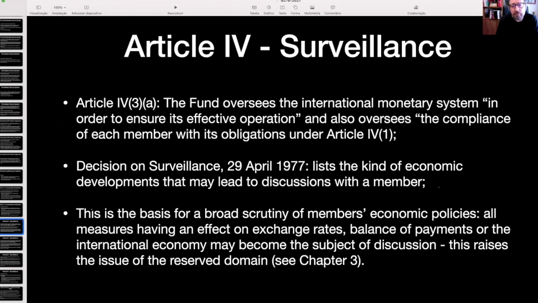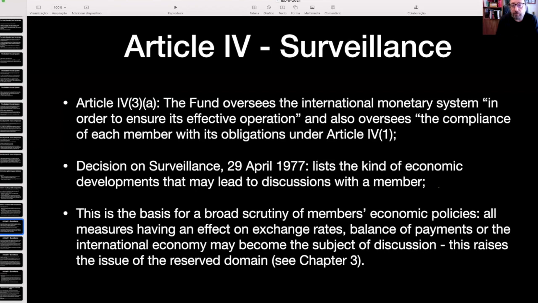Now, surveillance means that the domestic economic and monetary policies, all policies that might have an impact on exchange rates, are then subject to the purview of the IMF. So the IMF has a droit de regard, the right to look into these policies, and that's what it does under the so-called decision on surveillance.